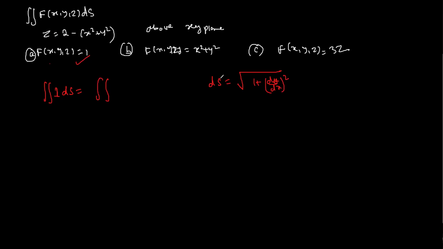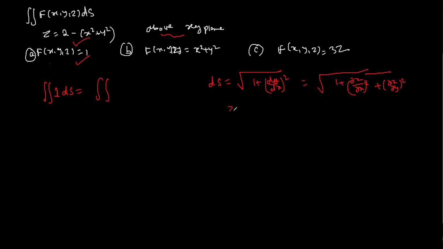This is for the xy plane, but here in the question it is above the xy plane, not on the xy plane. So here we will use the square root of 1 plus del z by del x whole square plus del z by del y whole square. This is your formula. Understood?